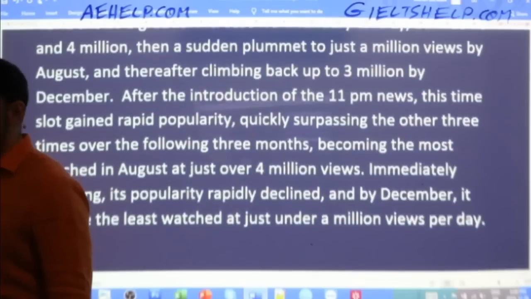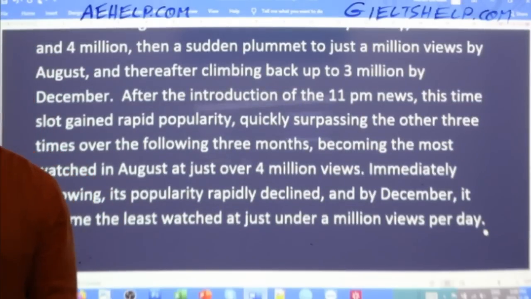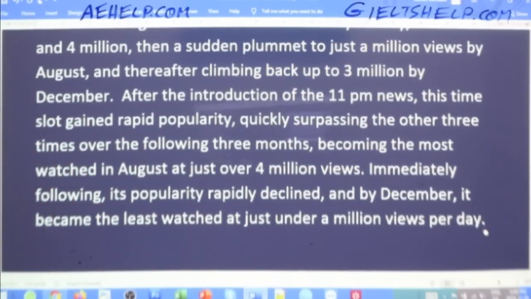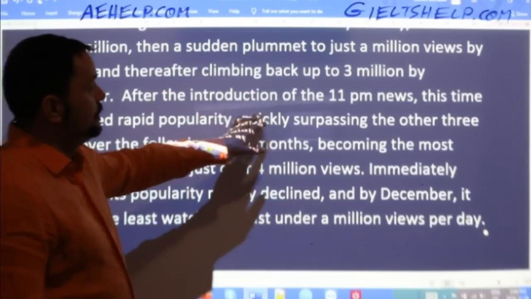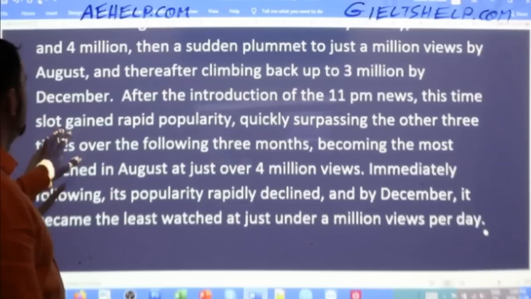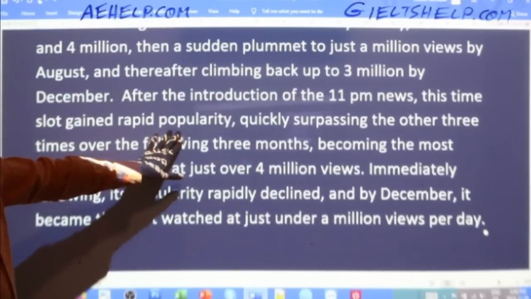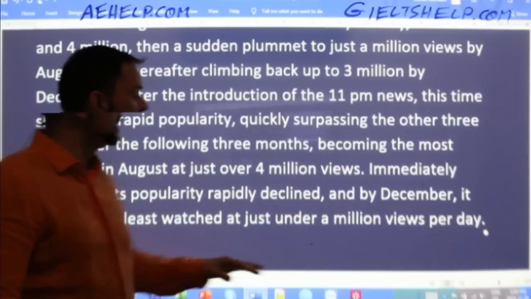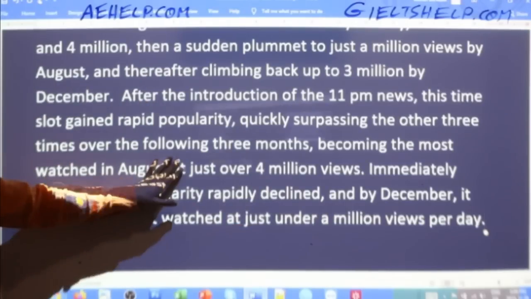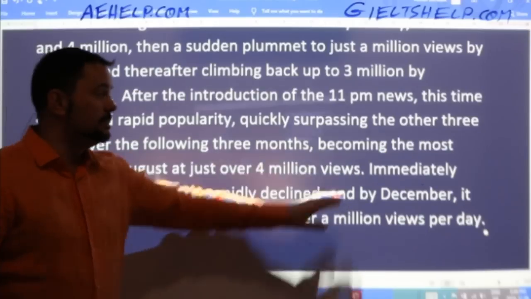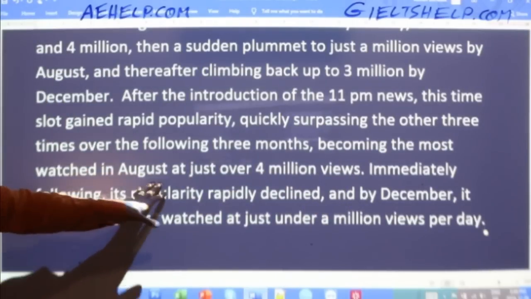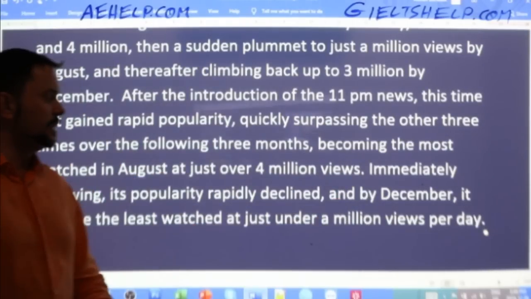All right. So there we go, describing that one. So after the introduction of the 11 p.m. news, this time slot gained rapid popularity, quickly surpassing the other 3 times over the following 3 months, becoming the most watched in August at just over 4 million views.